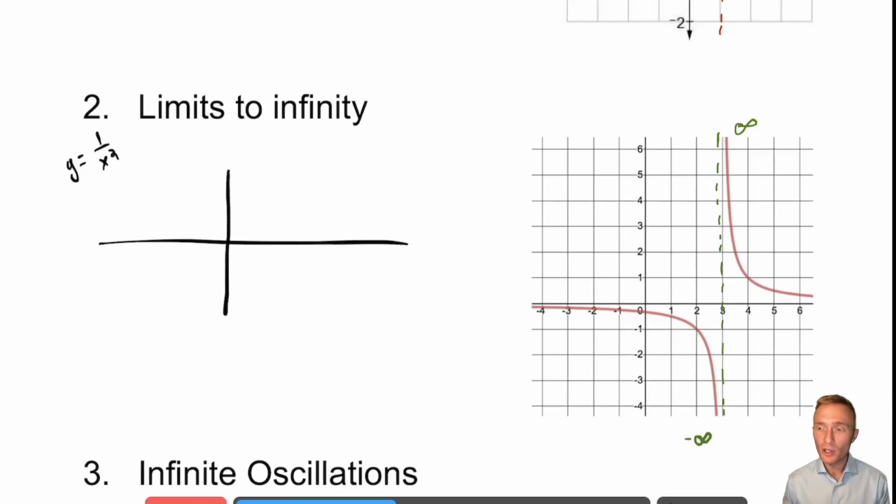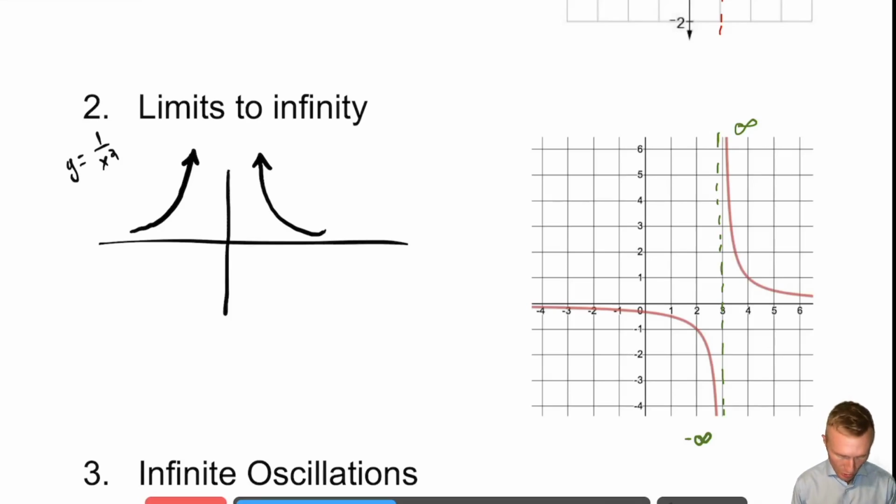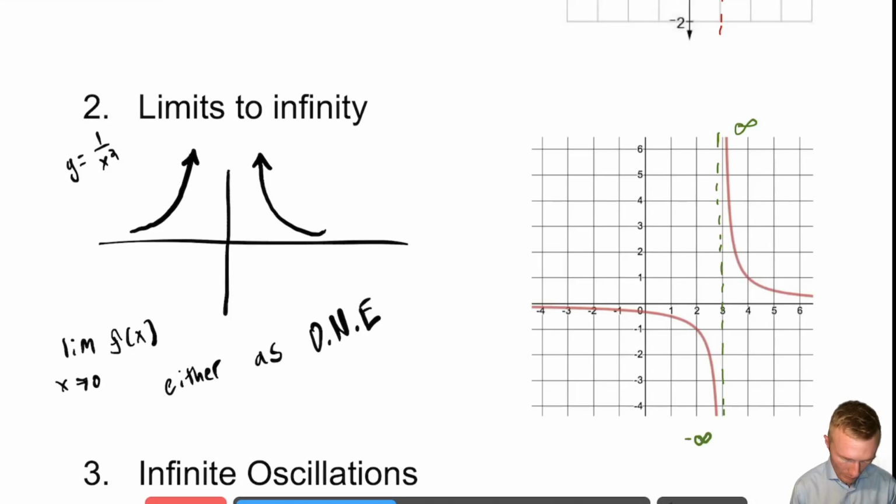As x gets closer to 0, you're dividing by smaller and smaller numbers, so y is going to infinity. This graph would look something like this. You'll see this come up on Delta Math. You could describe the limit as x approaches 0 of f of x either as DNE or infinity. It just depends on what textbook you look at.